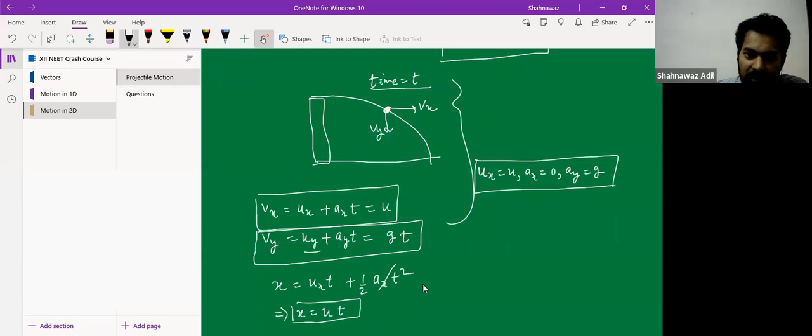Understood up to this point? Yes, sir. And what will be y? So we are calculating at a point which is time t away, somewhere in the middle here. We calculated already up to this point, the range and the height.